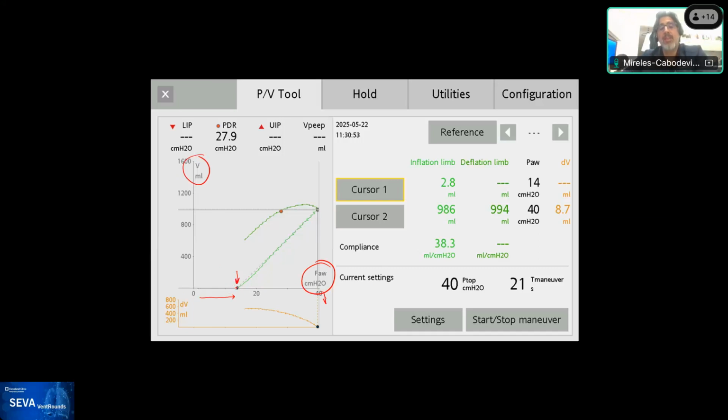And the dot that you have here is cursor number 1, and you can see that the airway pressure was 14. That was the airway pressure at which the airways opened. And so we knew that ahead of time. When we had done the PV curve, I wish I could say that we had recognized the airway opening by the graph before, but actually it was in retrospect.